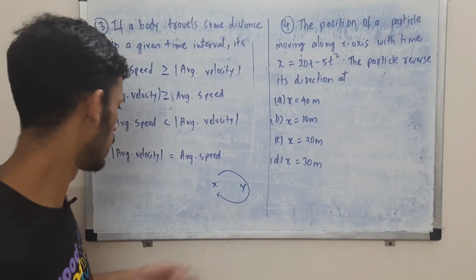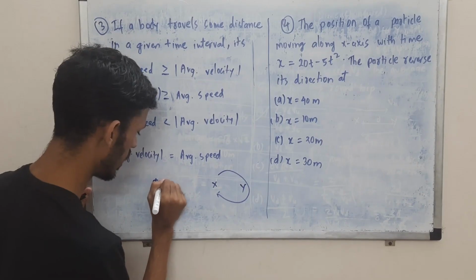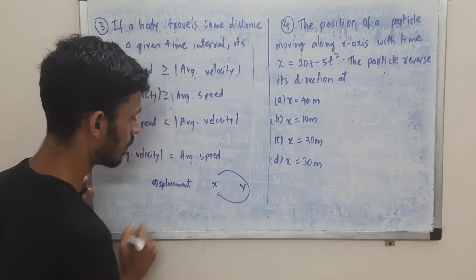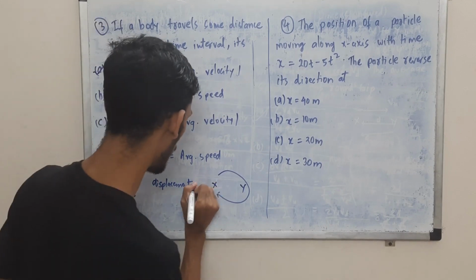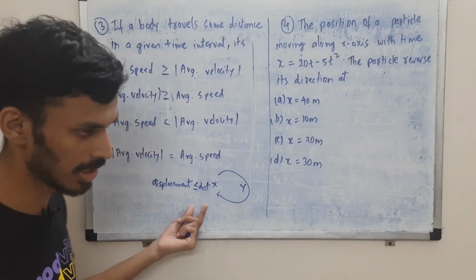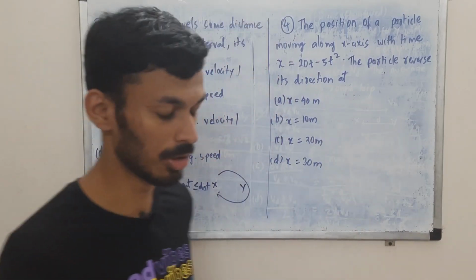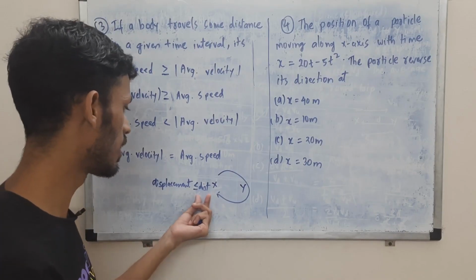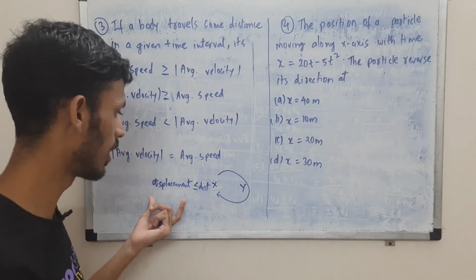So velocity comes from total displacement upon time taken, and displacement is always less than or equal to your distance, because distance is the overall path length. So distance has to be always greater than or equal to the displacement.